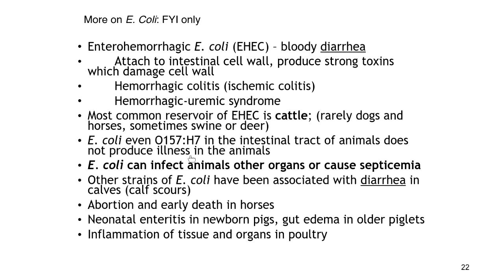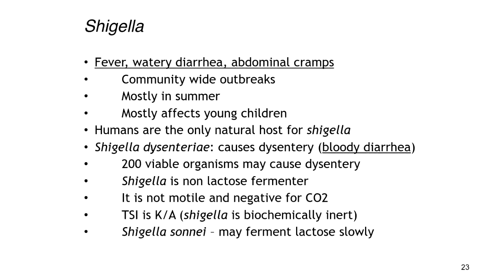E. coli can infect animals' other organs or cause septicemia. They can have diarrhea. There can be abortion and early death in horses, neonatal enteritis in newborn pigs, gut edema in older piglets, inflammation of tissue and organs in poultry. But do you get the picture that with E. coli we can have diarrhea? But you should know that there can be some animals that are a little bit more susceptible.